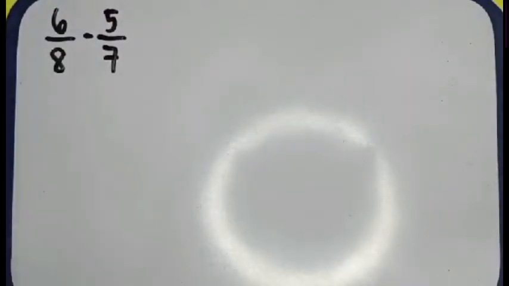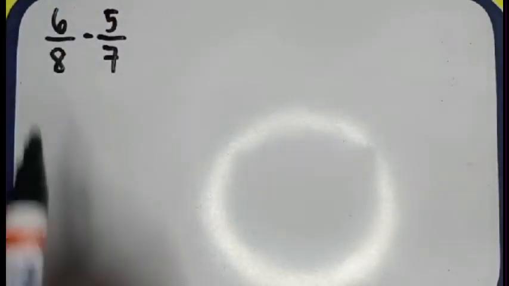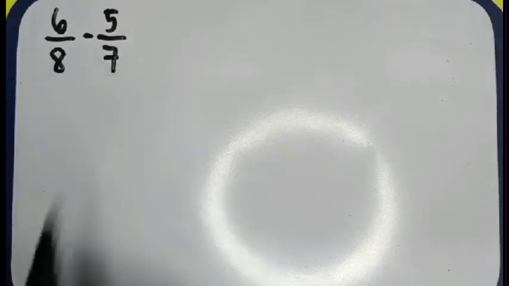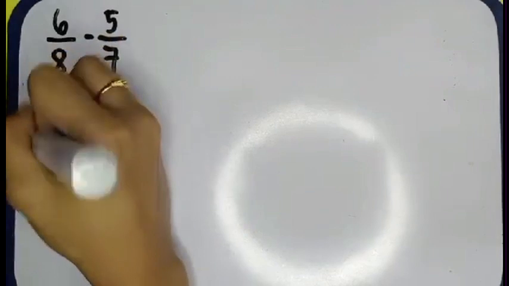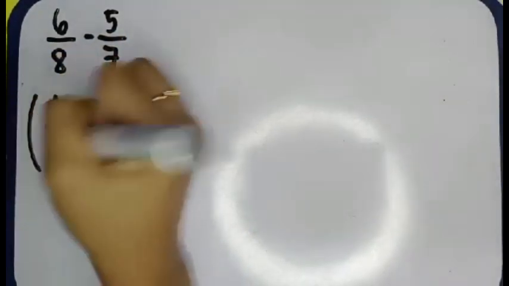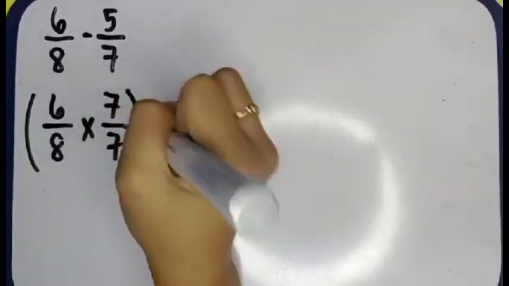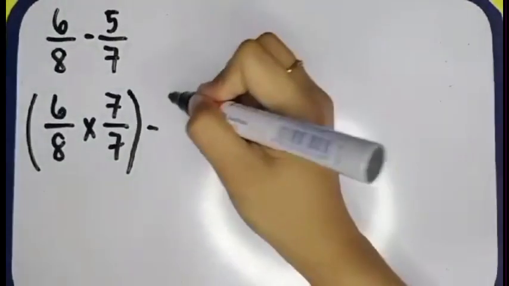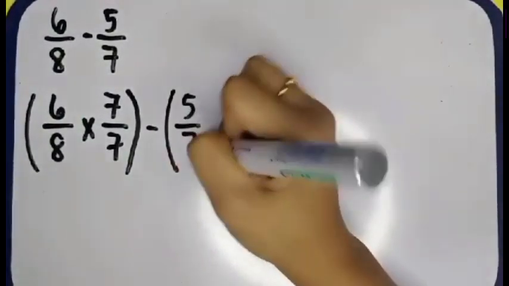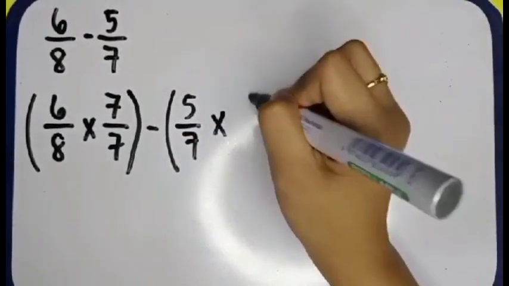Same process, but let's first find the LCM of 8 and 7, and that is 56. Next, we're going to multiply 6 over 8 by 7 over 7, while 5 over 7, we're going to multiply by 8 over 8.